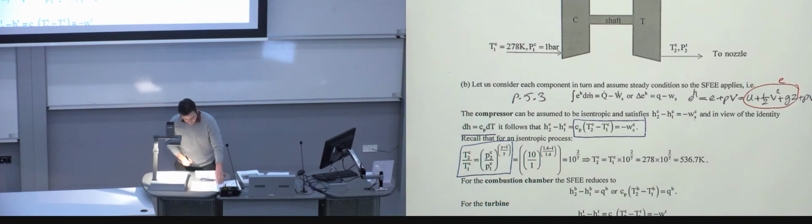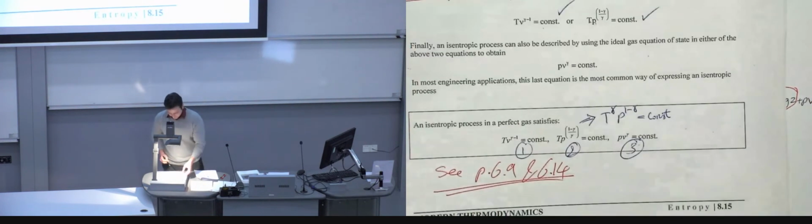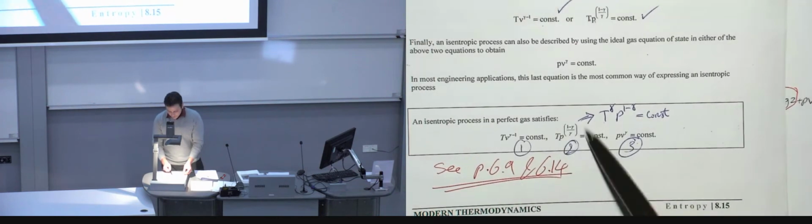remember there was a page that on Monday I said put a smiley face or whatever works for you. That is the page where you had those equations. If I can find that. Yeah, that is page 8.15. I'm now using this one.